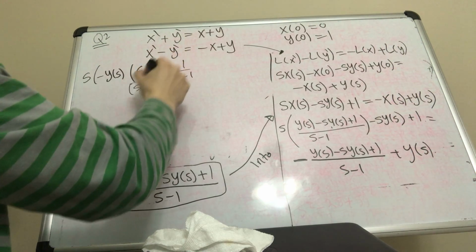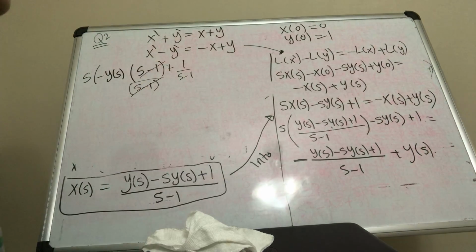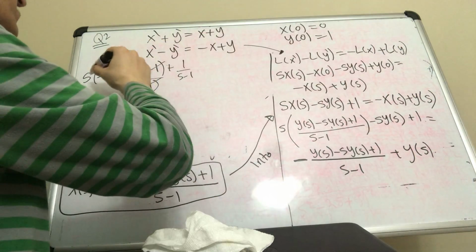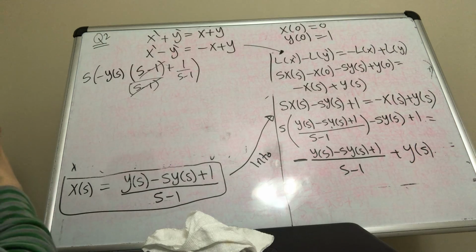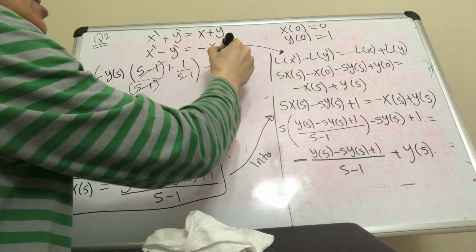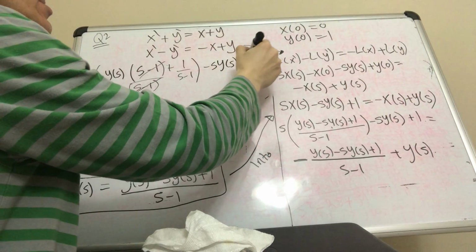So these two will cancel out, still multiplying by s. This is s y of s plus 1.